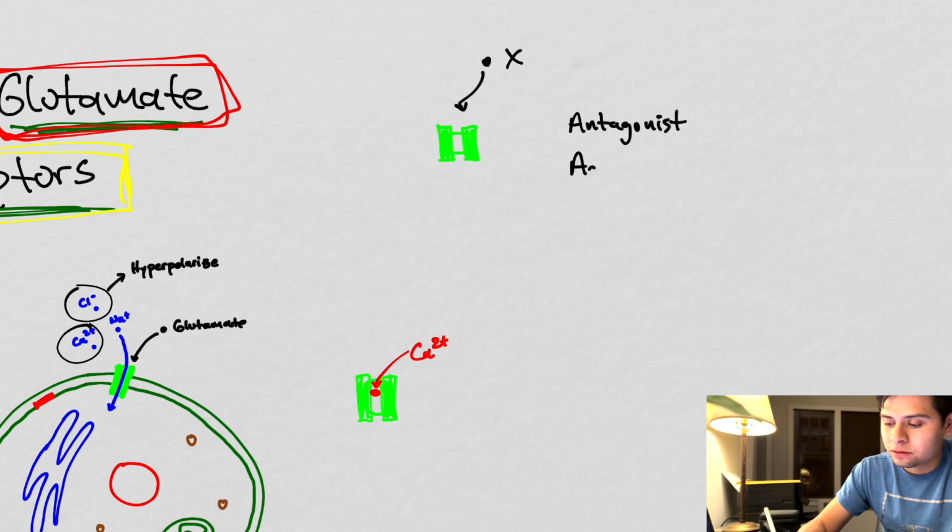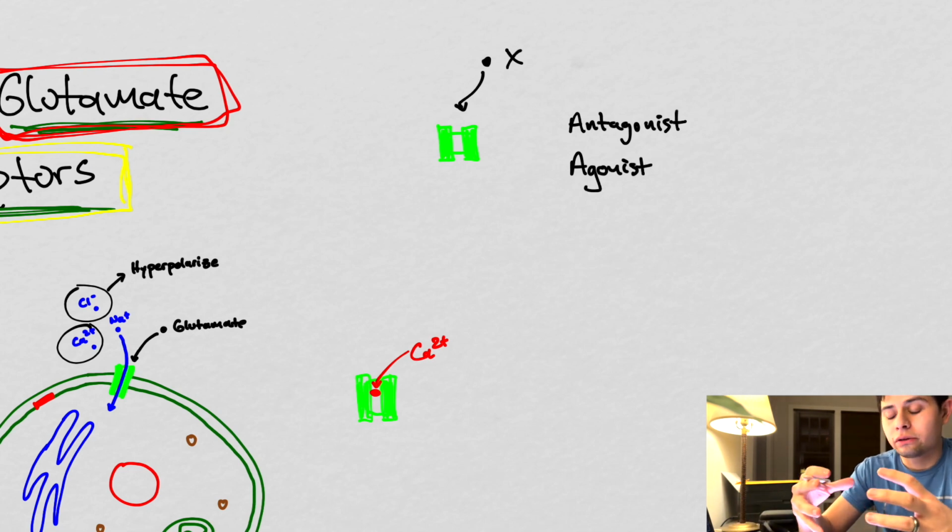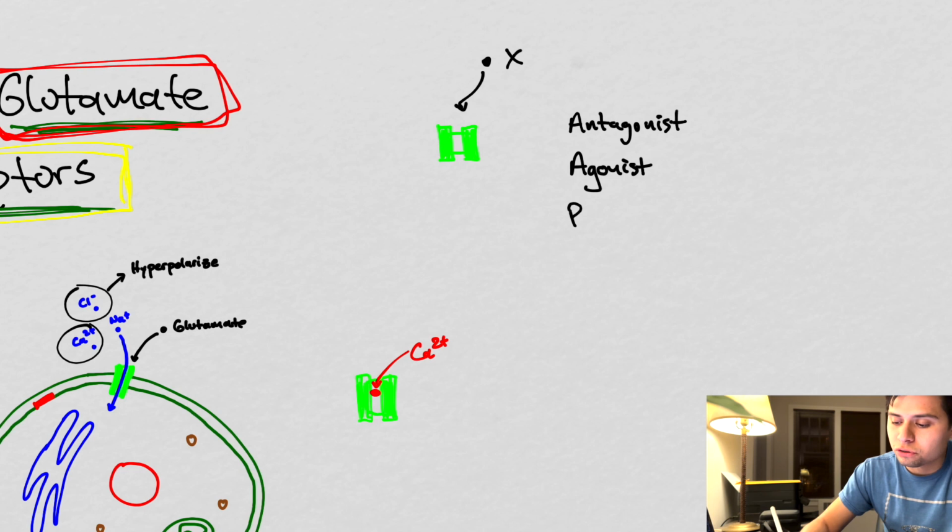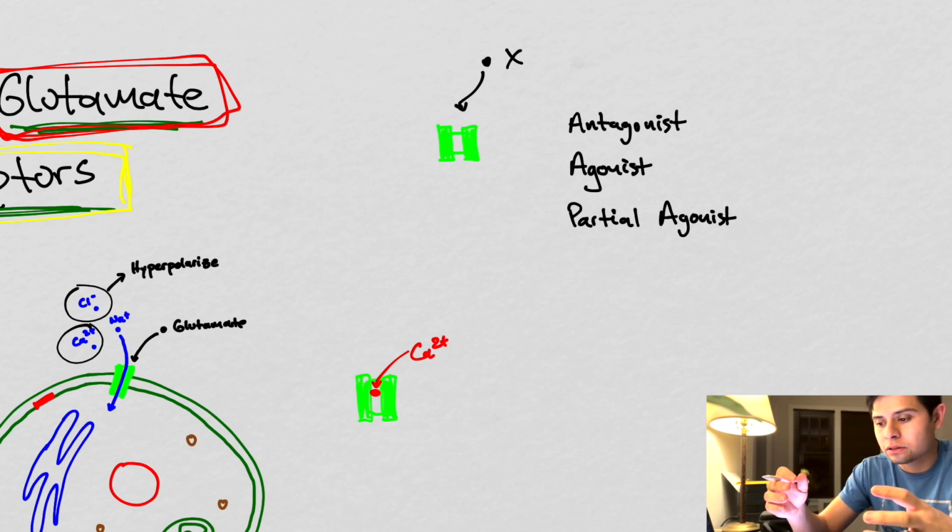Then we have agonists. Those are the ligands that render the channels permeable. Then we have partial agonists. And these partial agonists render the channel sort of semi-permeable, right?